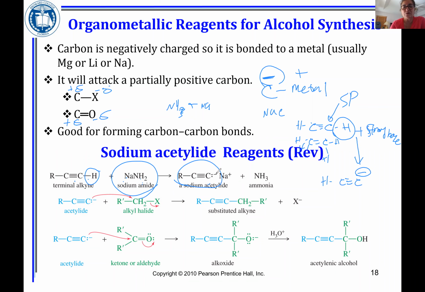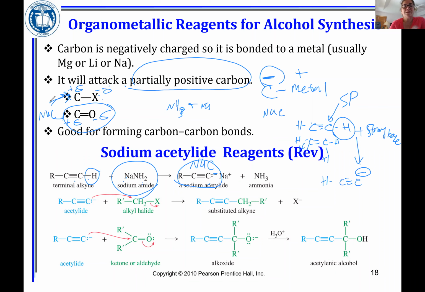Now, if you have a strong conjugate base with the carbon negatively charged, this negatively charged carbon is acting as a strong nucleophile. A strong nucleophile can attack the positively charged or partially positive carbon. You can find that in alkyl halide. You can find that in carbonyl compound. So it can attack either one of them.